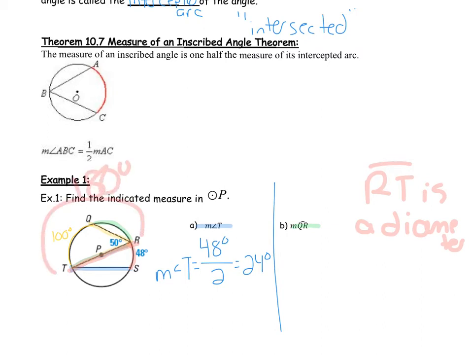So if I know arc QT is 100 degrees, that means the measure of arc QR is 180 minus that 100 degrees, so that will equal 80 degrees. A little extra step there, but hopefully that made sense for you.